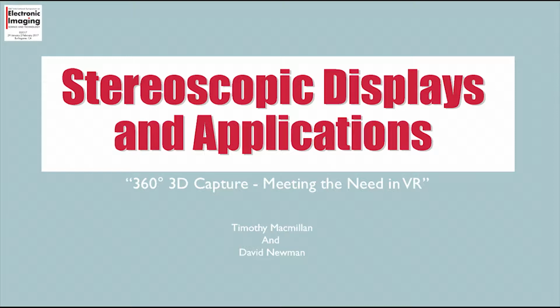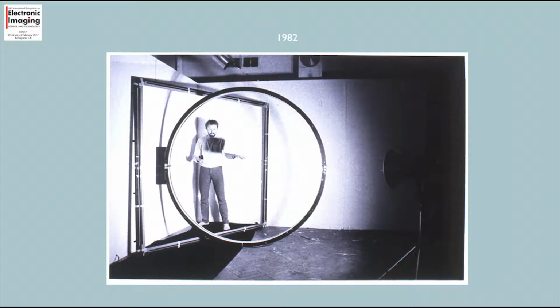So here we go. Let's go back to 1982. This is me with two of my very early time-slice cameras, which I'd invented two years before that when I was doing my graduate studies. This is at University College London.